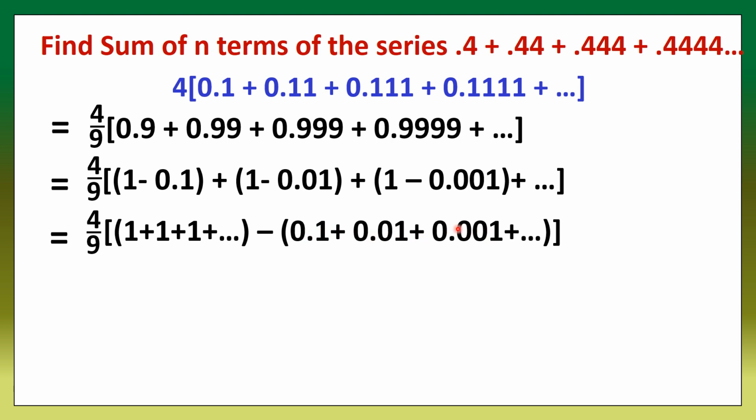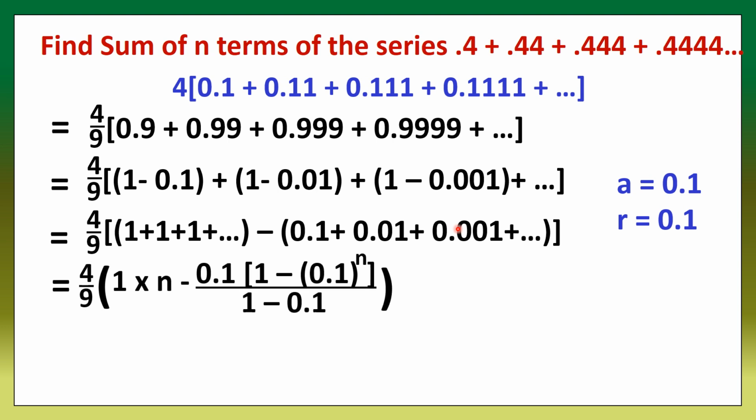Now we can apply the formula to find the sum of n terms in GP. Here a is 0.1 and r, or the common ratio, is also 0.1, and by applying the formula, 4 by 9 into 1 into n, 1 into n number of terms, so 1 into n minus 0.1 into 1 minus 0.1 raised to n. See here the r is less than 1.